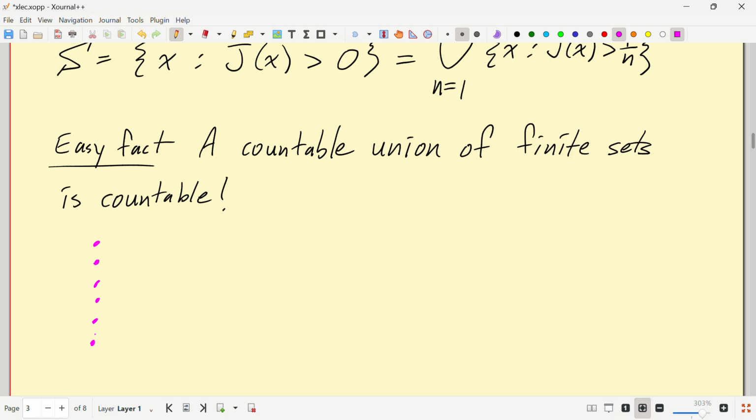I would toss those out. And then I'd put those here. The next one's also finite, but maybe some of those have already occurred. I toss those out, and I put the new ones here. Okay, and I keep doing that.